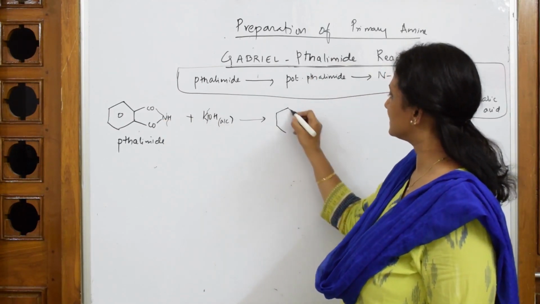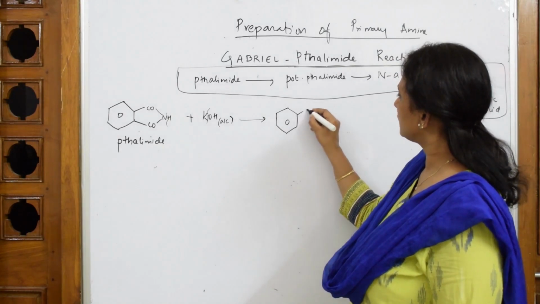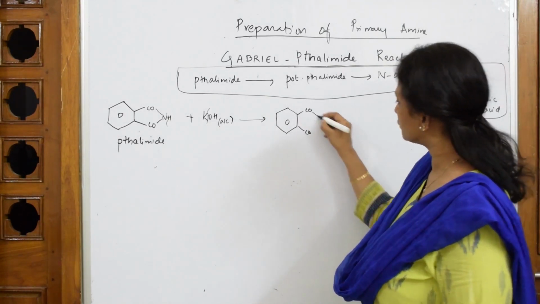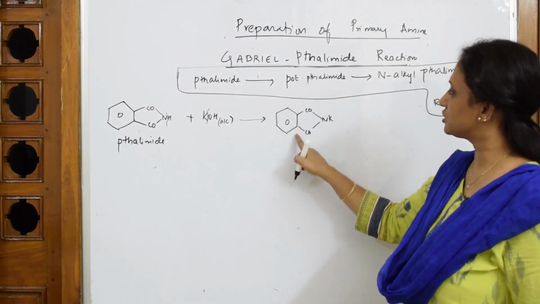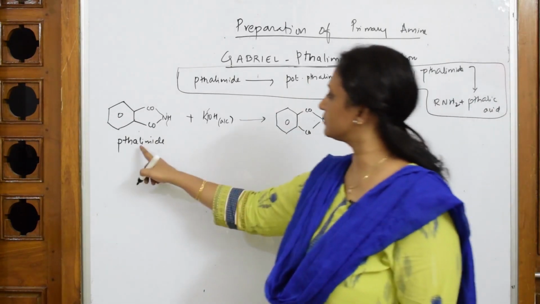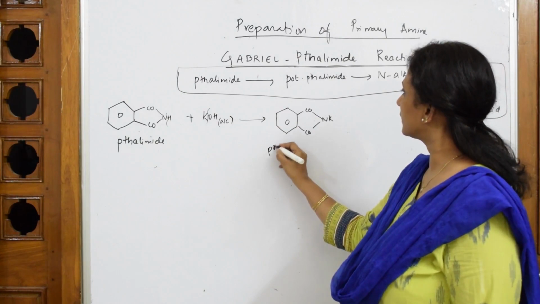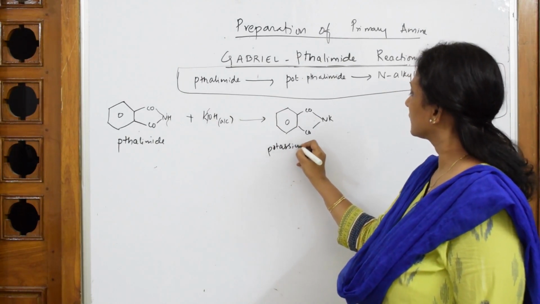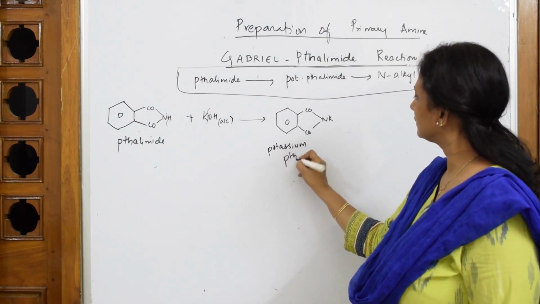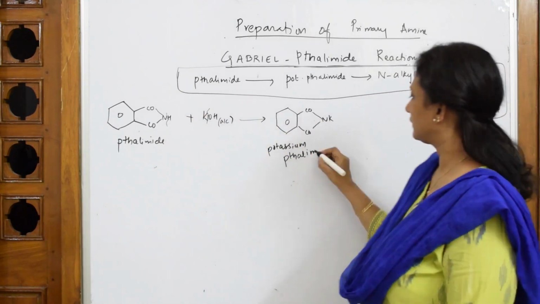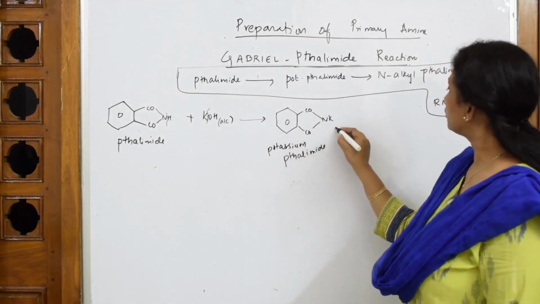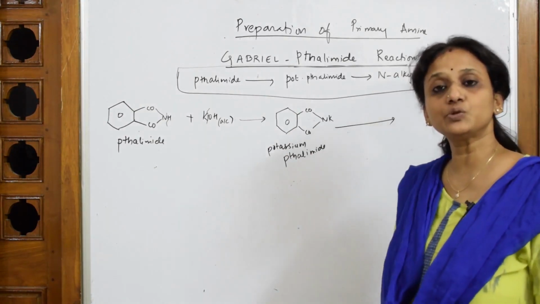I get one benzene ring, CO here, again CO, joined with NK. Now what is this compound? Potassium phthalimide. Okay, let us write, I have written phthalimide here. So this is potassium phthalimide, because NH phthalimide, done.